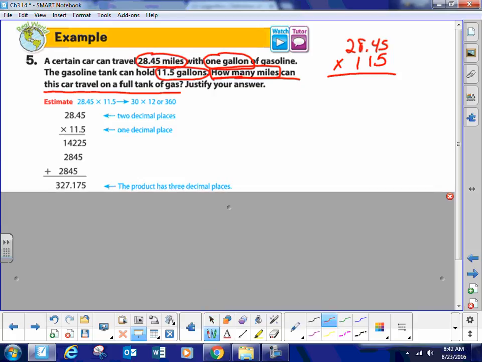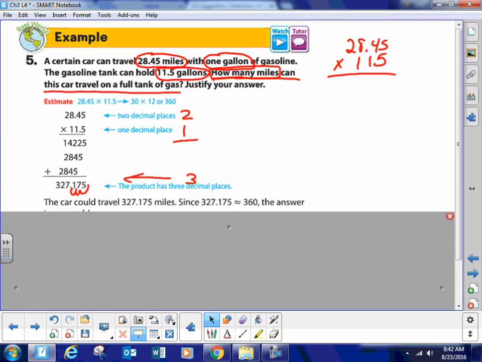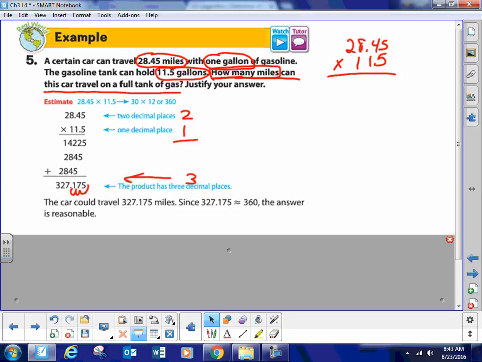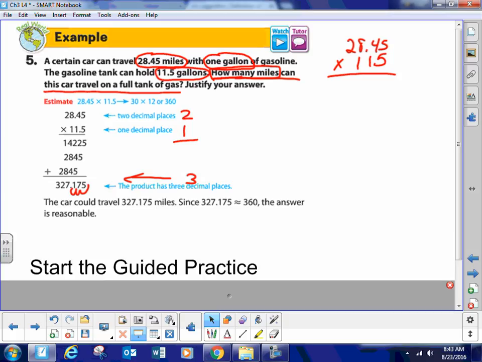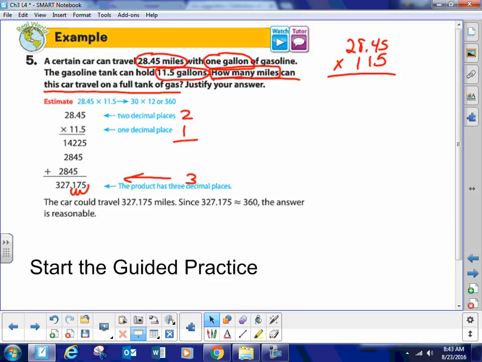This one has 2 decimal places. This one has 1 decimal place. 2 plus 1 is 3. So they had to give their answer 3 decimal places or 3 wubbas. There you go. Okay? Outstanding. Not that hard. We start the guided practice.